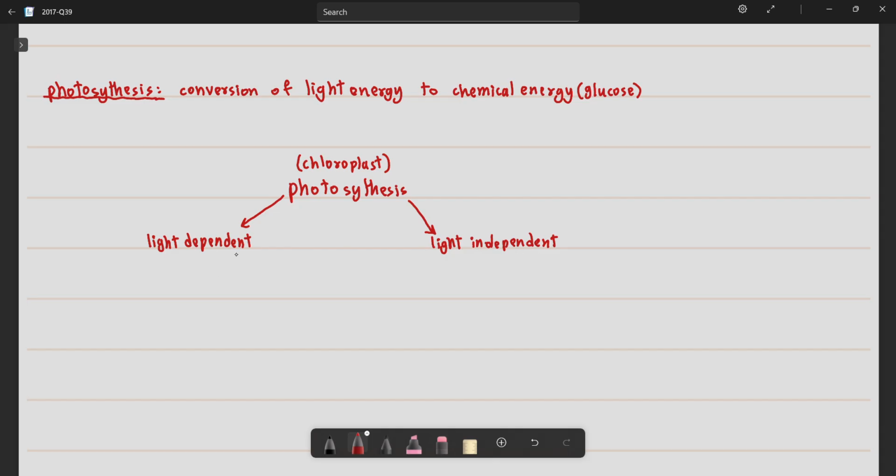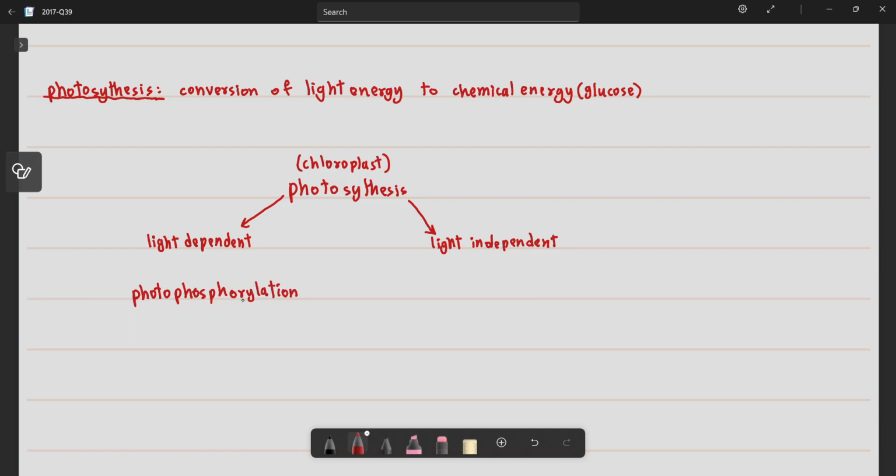So light dependent reaction primarily uses light to process their reaction, but the light independent reaction does not use the light. Okay, so the light dependent reaction has one important term that defines this reaction, which is called photophosphorylation.